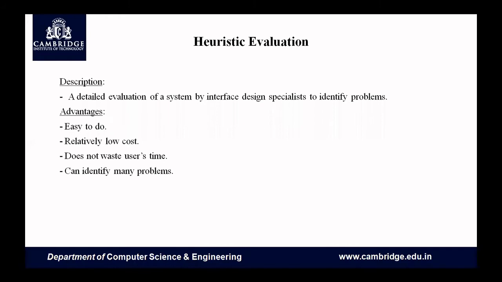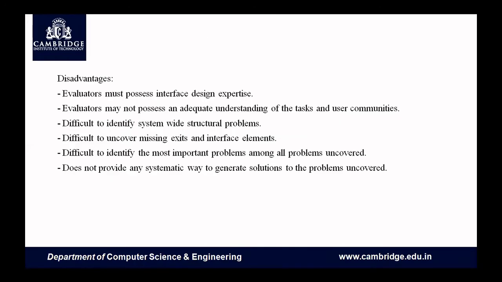I'll repeat the definition: heuristic means a process of testing for usability problems. So an evaluation done to identify the usability problems is called heuristic evaluation. Advantages are that it is easy to do, it doesn't take much time, it identifies more problems, and a very important one is that it is of low cost.